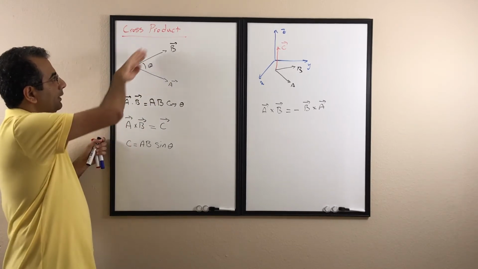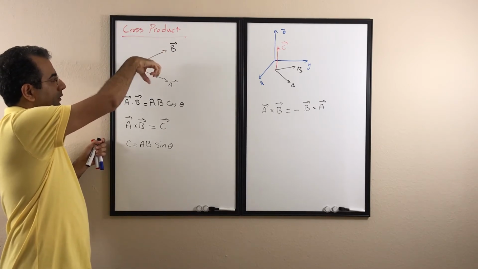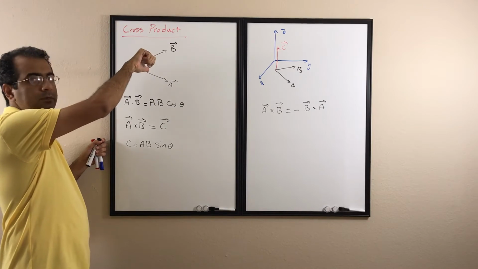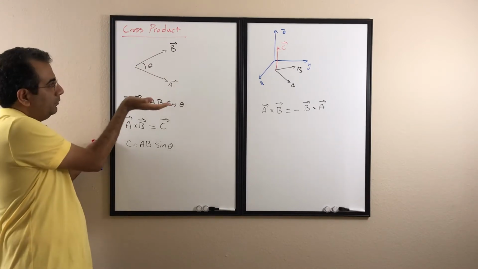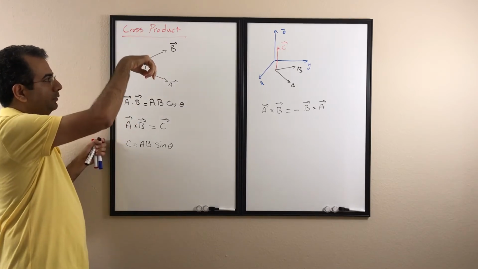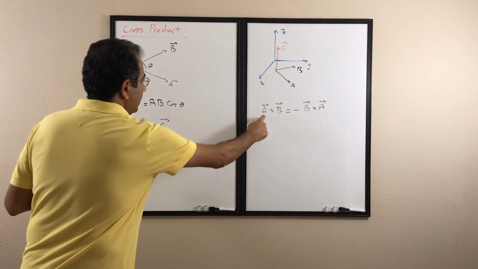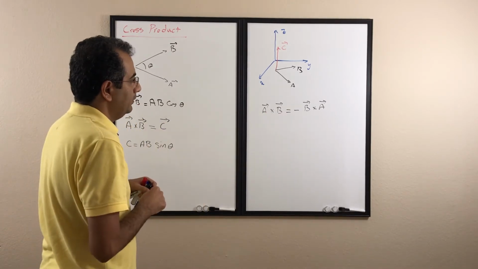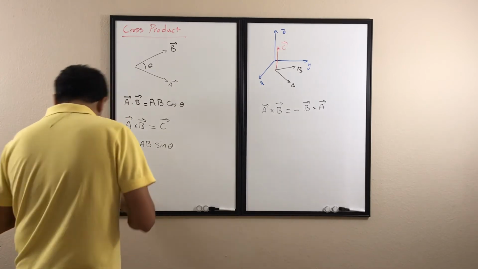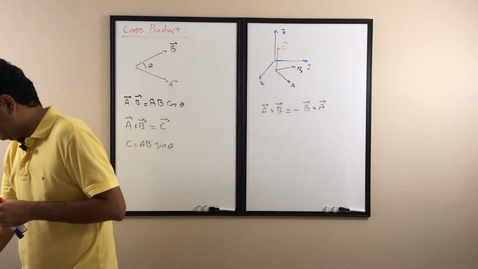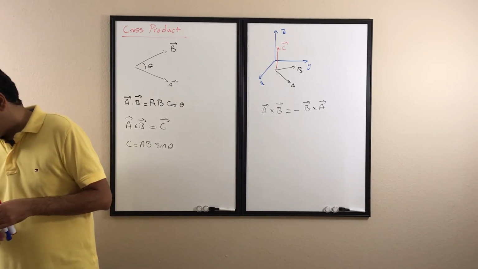But if I put my forefinger in the direction of B and rotate it toward A, my thumb points toward the board. So it's the opposite: A to B goes outside, B to A goes toward the board. So A cross B is negative B cross A.